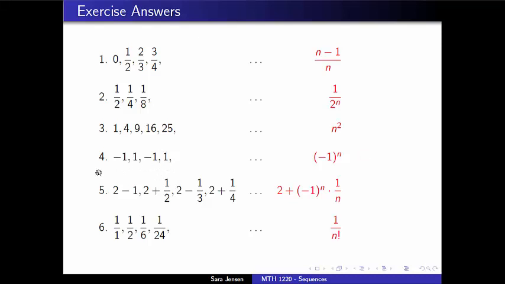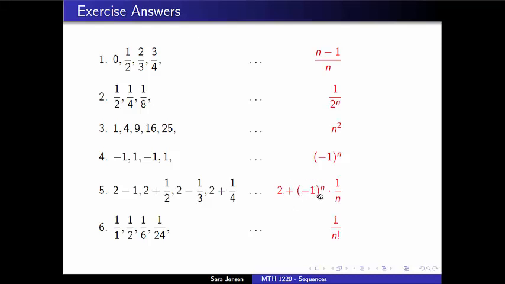Once you have that cute little alternator trick up your sleeve, you can take a look at a sequence like 5, and you can break it down into little parts. I have 2 minus something, 2 plus something, 2 minus something, 2 plus something. All right, so my pattern should be 2 plus my alternator, so that it will go minus, plus, minus, plus, minus, plus.